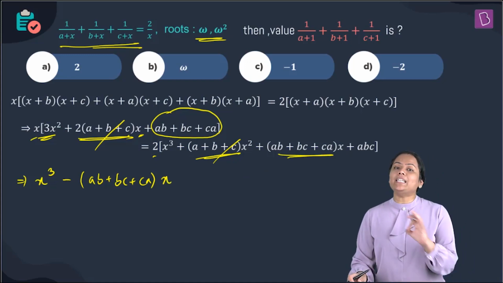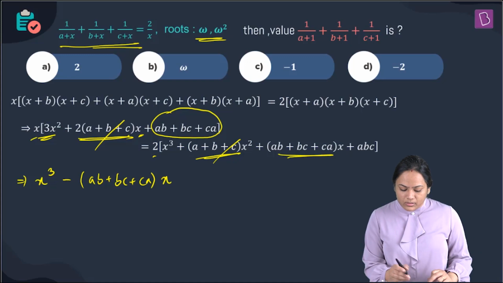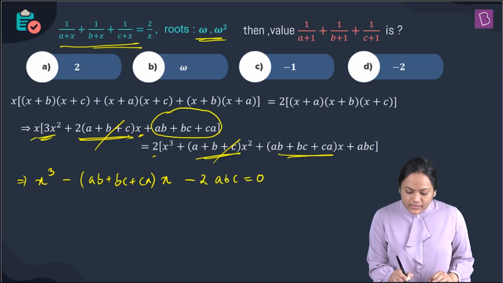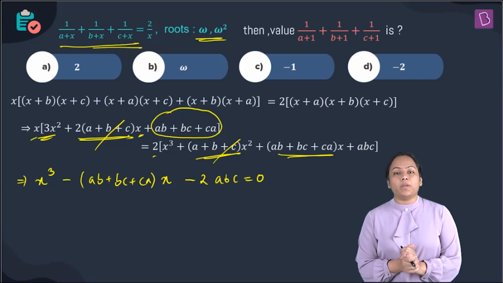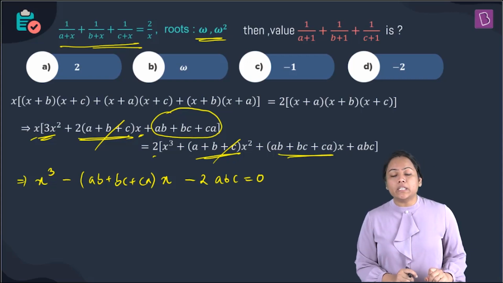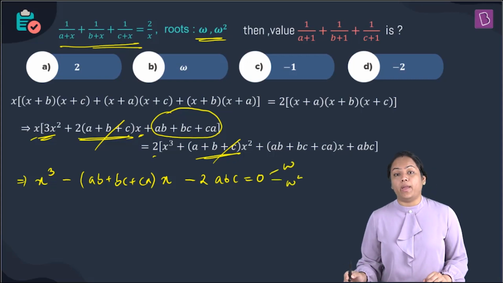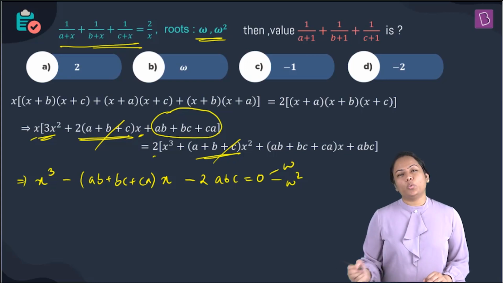Clear? And now left only is the constant term, which will be minus twice of ABC. This is equal to 0. This is my cubic equation, and we have already learned that this cubic equation already has two roots, which are omega and omega square. Now what about the third root, guys?